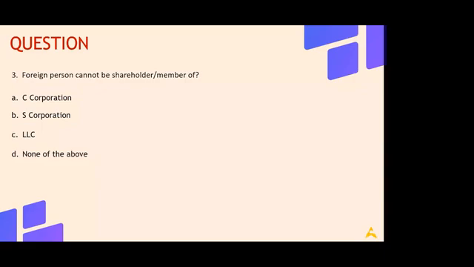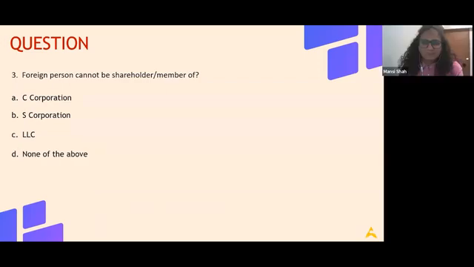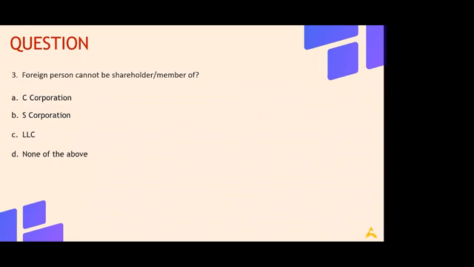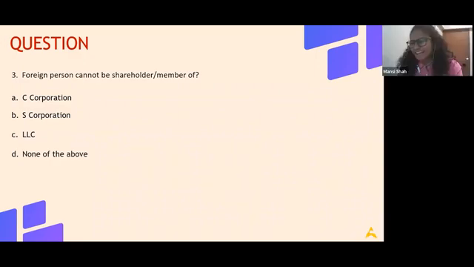They're voting. Mansi, is there any chance none of the above is an answer? I'm inclined towards it. Foreign person cannot be, no, because that is why we are conducting this session. Very apparent, right?